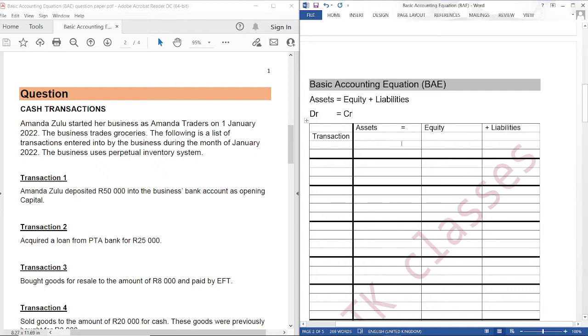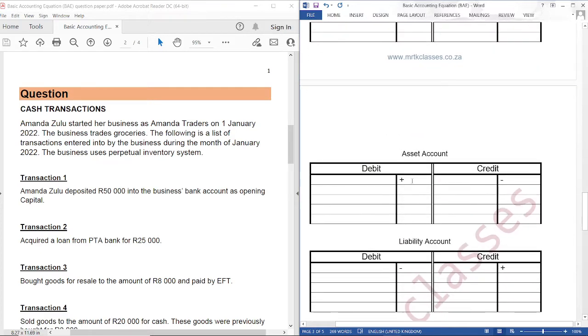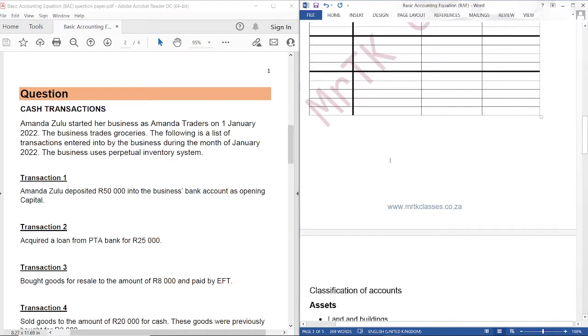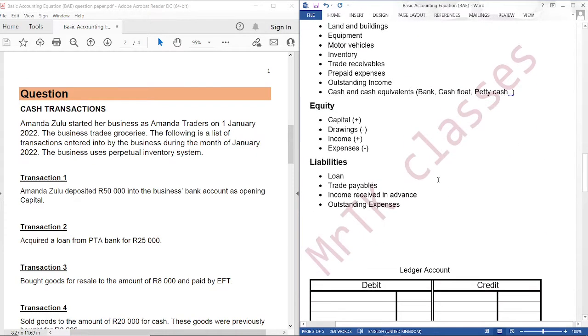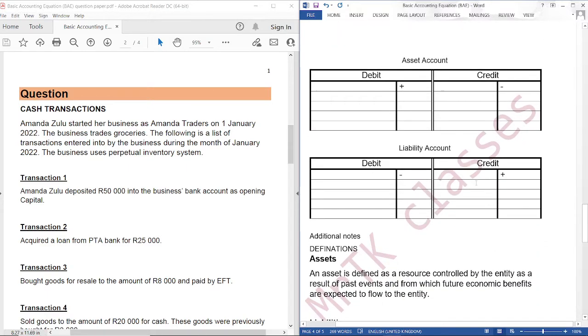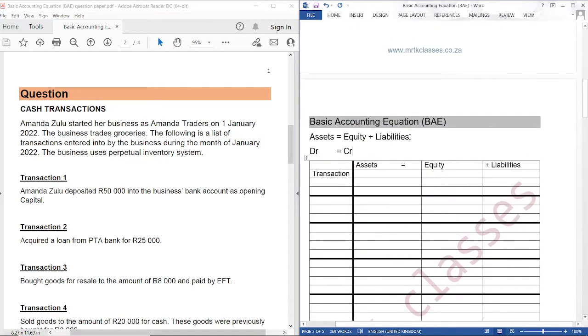So if we have an asset account, it means that it is going to increase on the debit side and decrease on the credit side. Why? Because assets have a debit balance, right? If we have a liability account, it means that it is going to increase on the credit side and decrease on the debit side because liabilities have a credit balance, right?